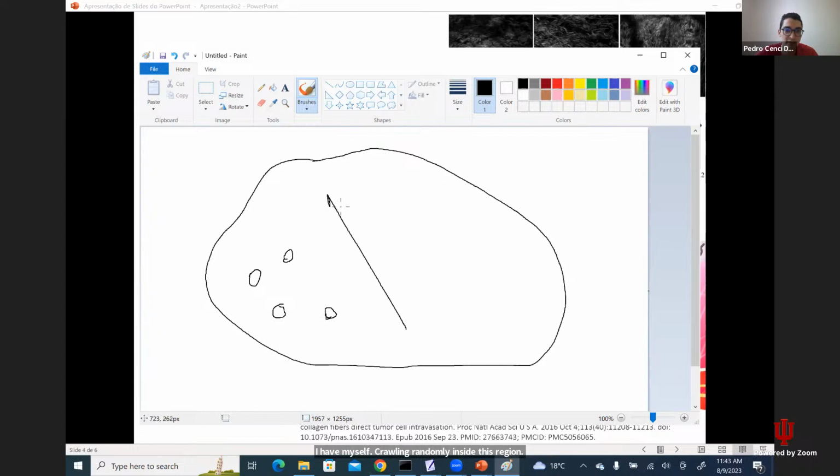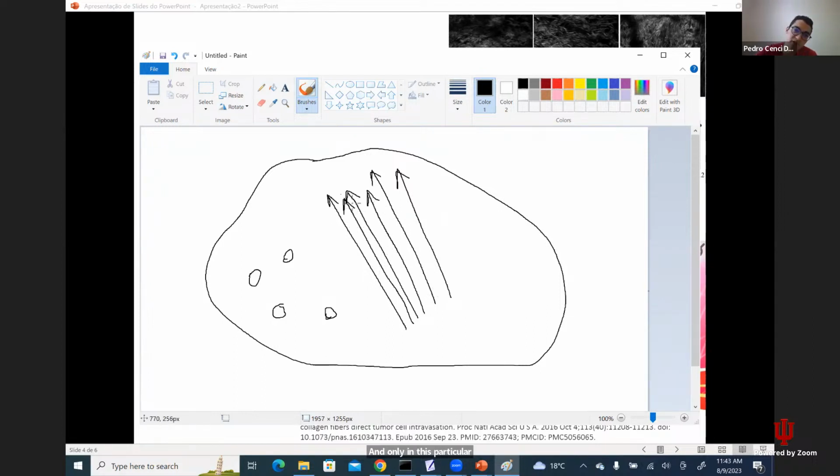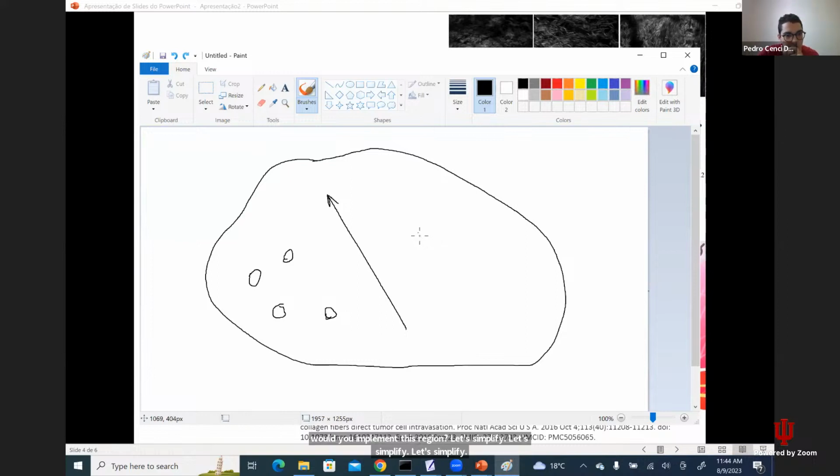But here, specifically here, I have fibers pointing in a direction and only in this particular place. So the fibers are located in this square. How would you code it? How would you implement this region? Let's simplify. It's too hard. Just one fiber in a given direction, just one fiber. How would you do it?